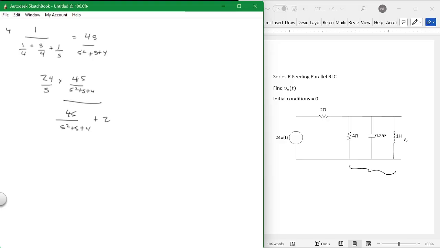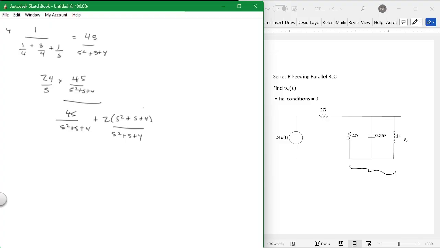So I missed it. So again, I've got to go back and do this. So what do I have to do here? I have to say, okay, in order to get this 2, it's plus 2 times S squared plus S plus 4.